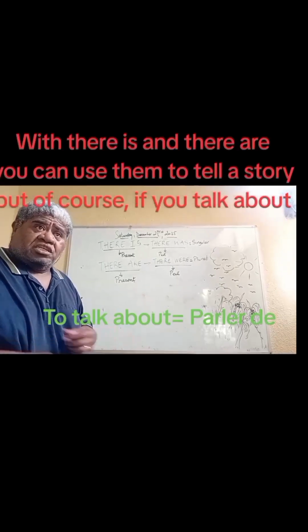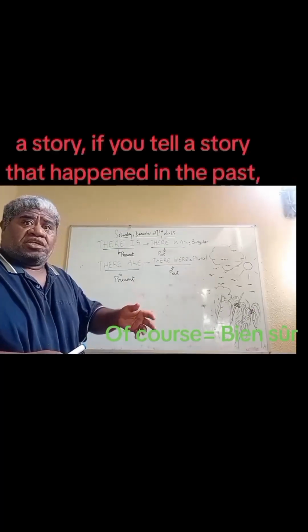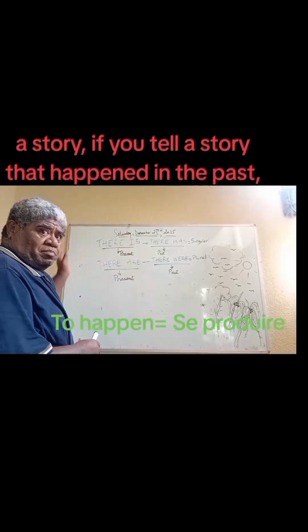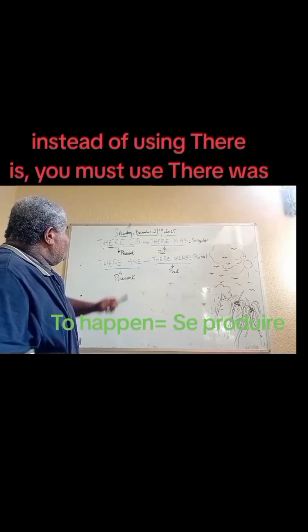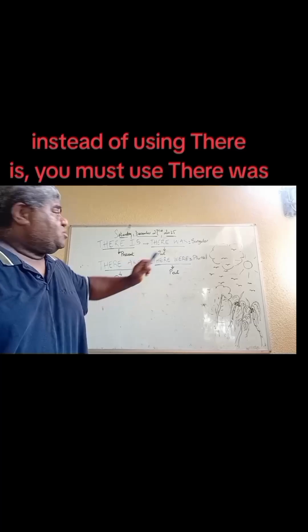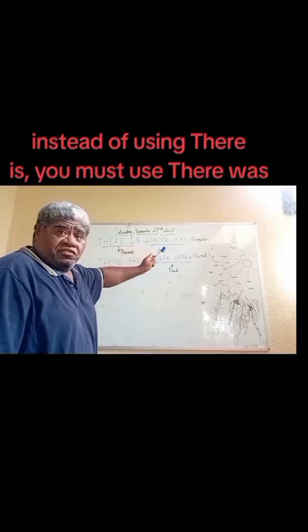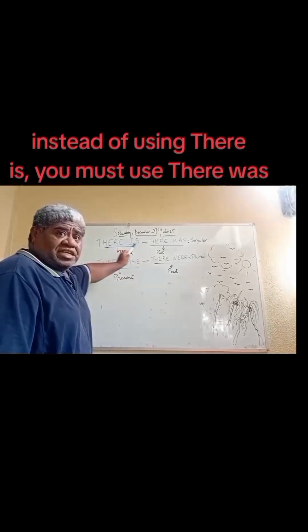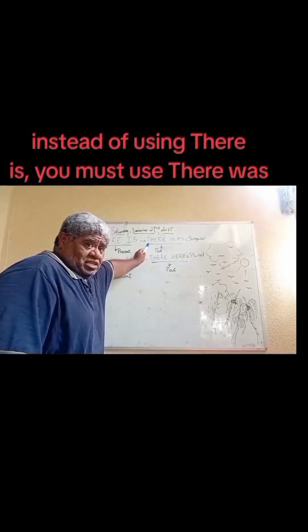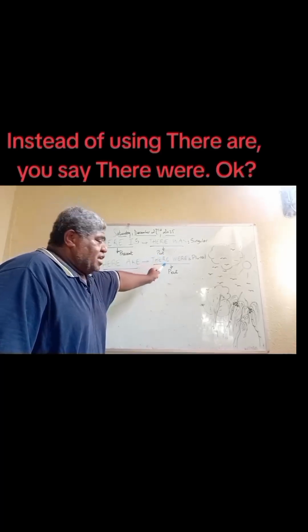But of course, if you tell a story that happened in the past, instead of using there is, you must use there was. Instead of using there are, you say there were.